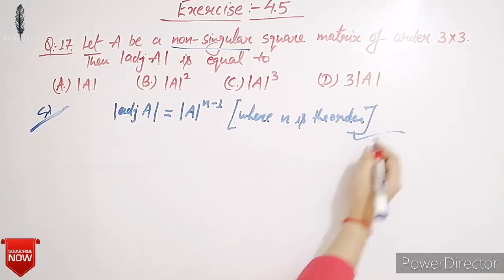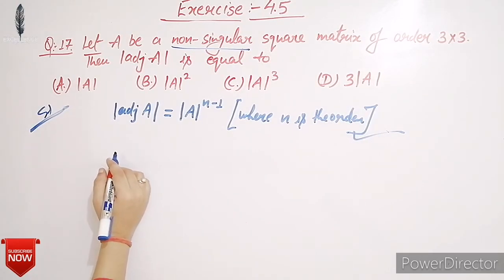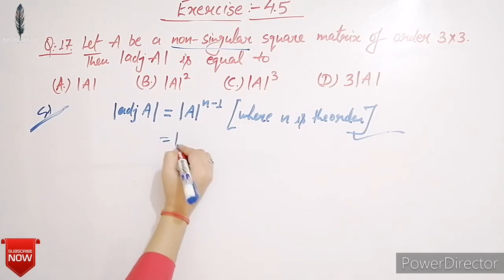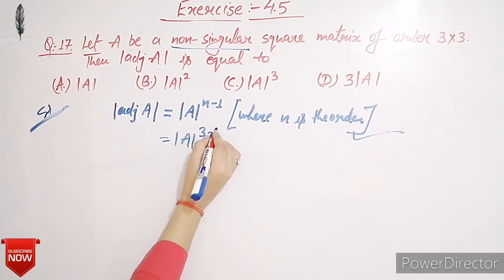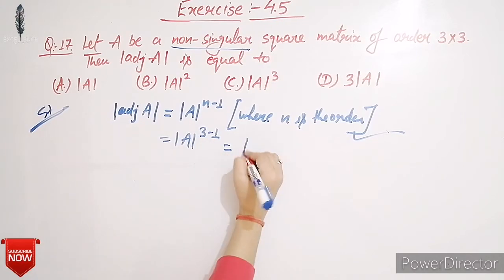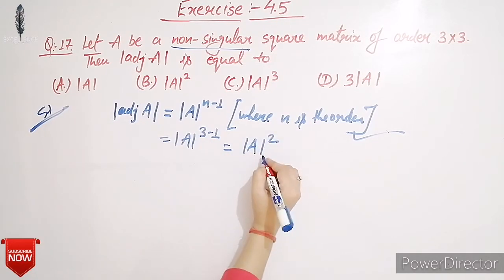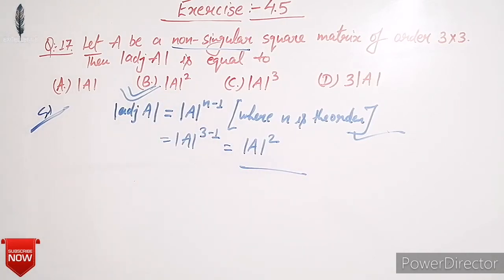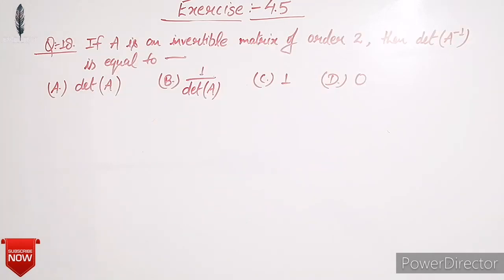Okay. And here the given order is 3. So determinant of adjoint A is equal to determinant of A raised to power 3 minus 1. That is equal to determinant of A square. So option B is the right answer. You can also verify it by using any example.